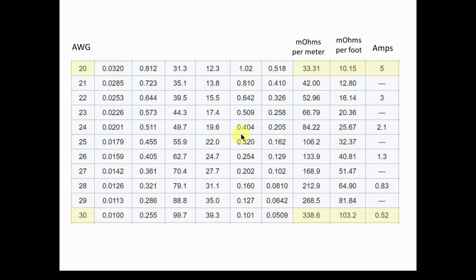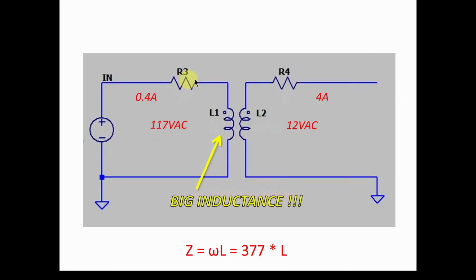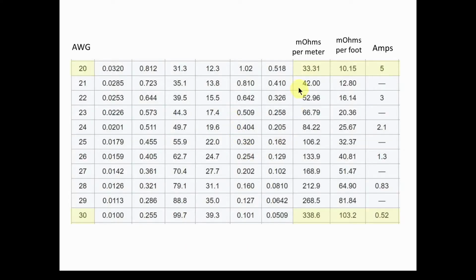Now, as far as resistance, we have resistance in both windings because of all those turns of wire. Let's take a look. Here is a table of AWG wire sizes versus how much resistance and how much current rating for the different wire sizes. We said for the 12 volt winding, we had something like a number 22.